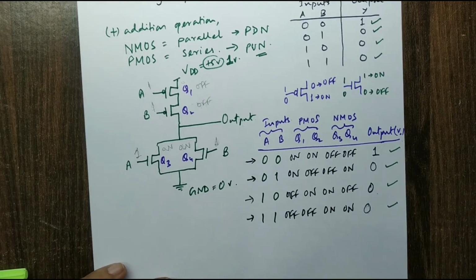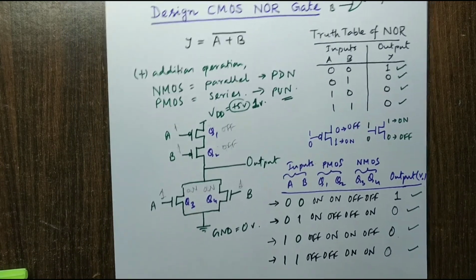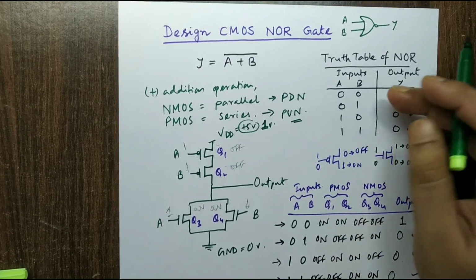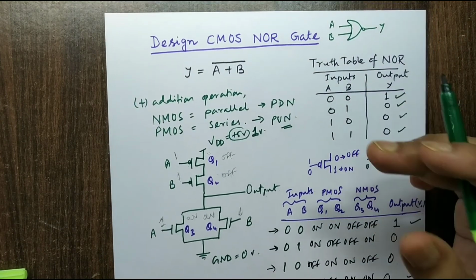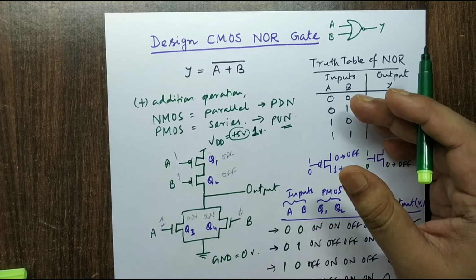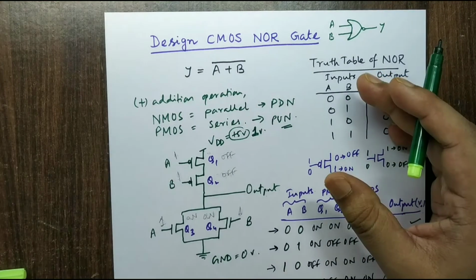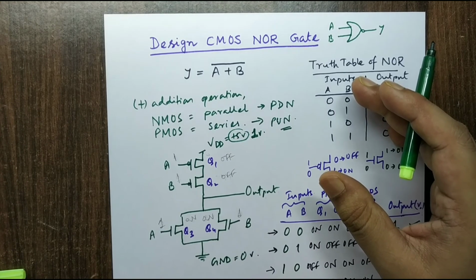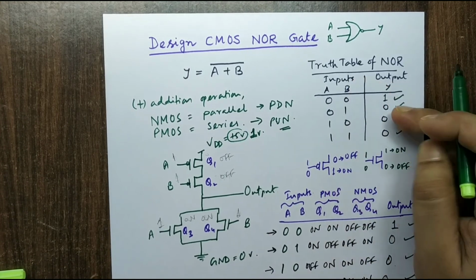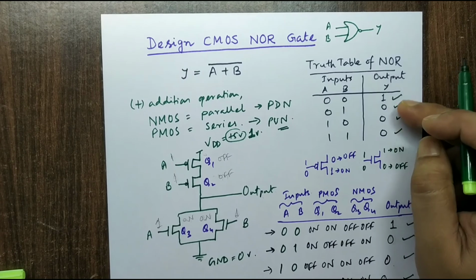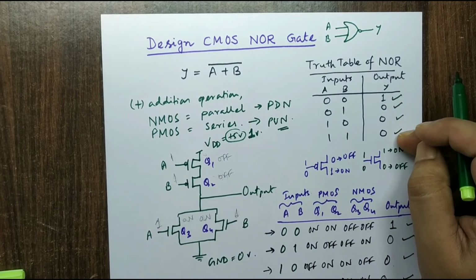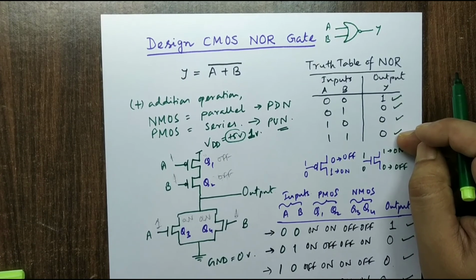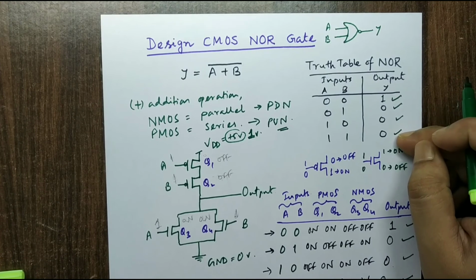So this is how we understand in today's lecture that using CMOS, the digital 2 input NOR gate that I have designed in this video can be very well designed, and all the combinations can be very well verified using proper VLSI technology.